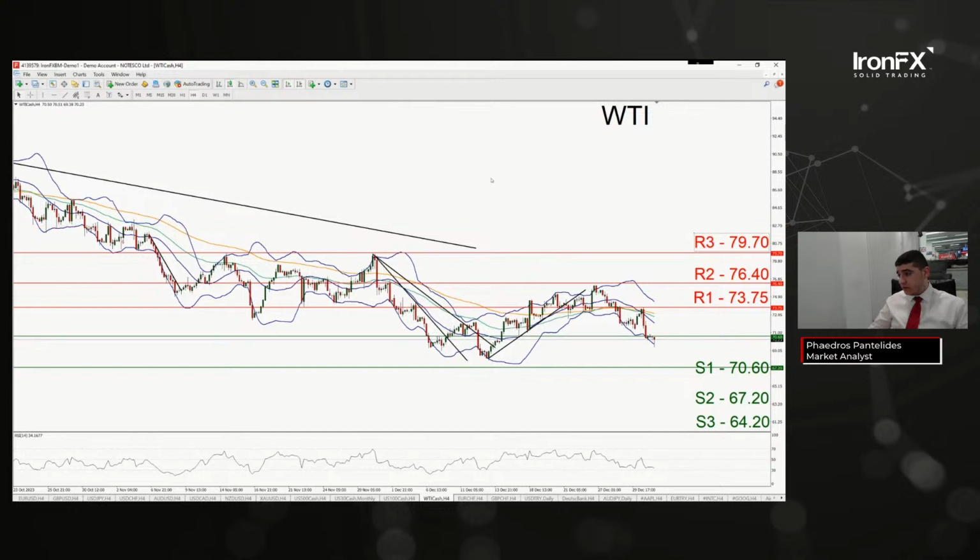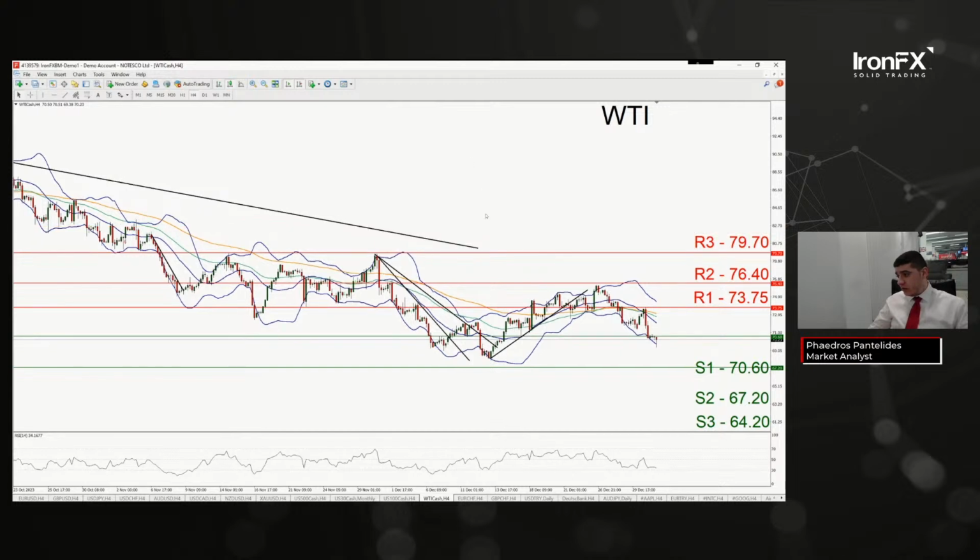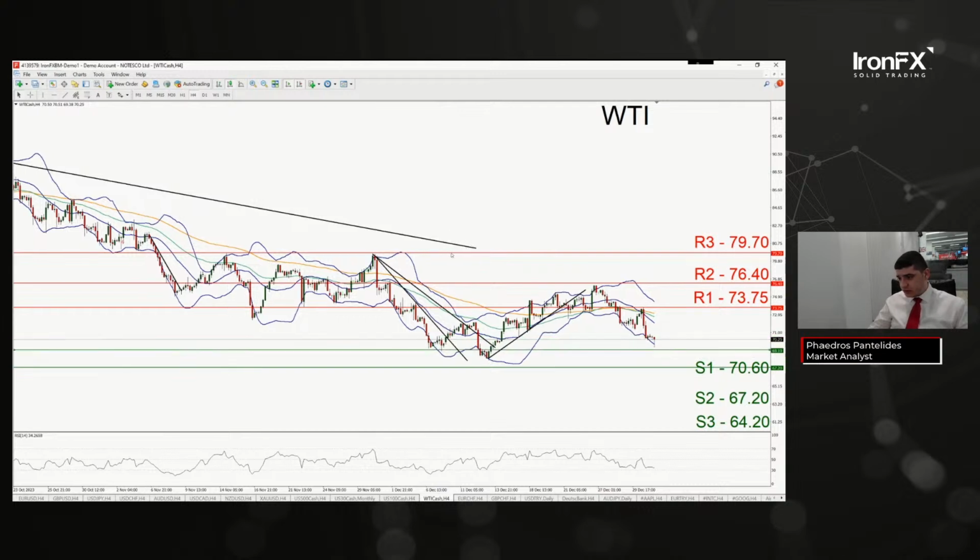And then, so we have R1, R2, R3, and then S1. It's broken below, but bring it slightly lower.